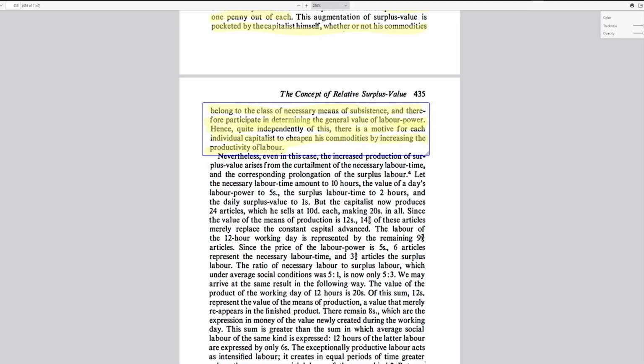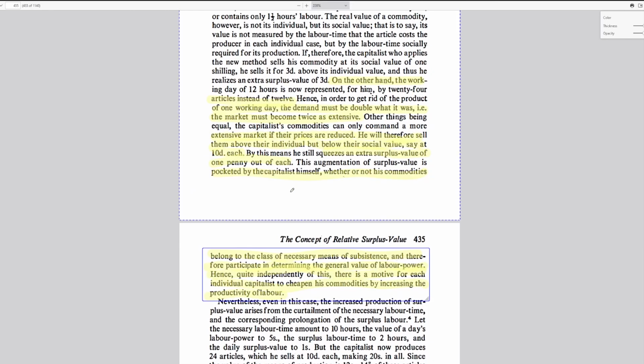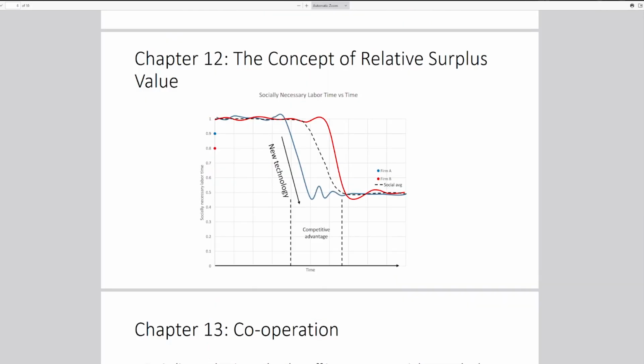Because, let's read what he said again. He will therefore sell them above their individual, but below their social value. By this means, he still squeezes an extra surplus of 1 penny out.